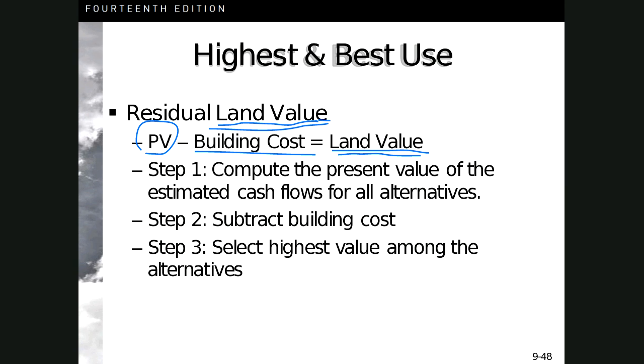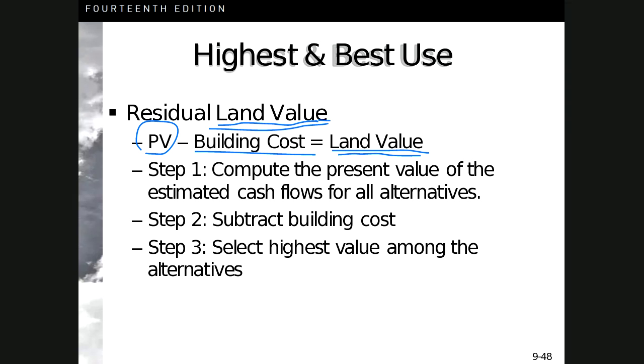So from the supply side, selling this property, if I have the present value of all the potential users, the highest potential users, minus the building cost, that should be equal to my land value right now. And for the demand side, what makes sense to them is they're going to figure out the present value of whatever usage they're going to use it for, right?